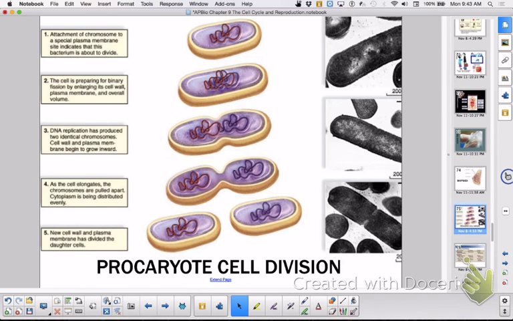In asexual reproduction, offspring are genetically identical to the parent. They do not undergo mitosis. They do something called binary fission. That single circular chromosome replicates, and then the cell elongates and divides.